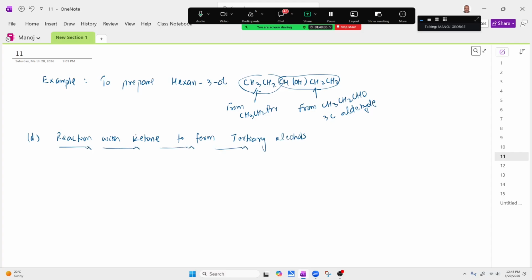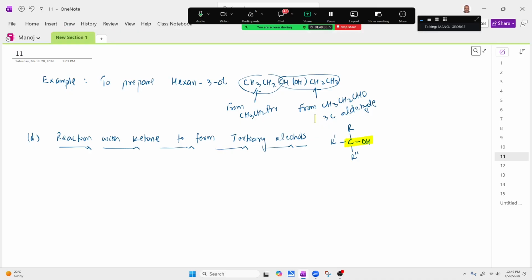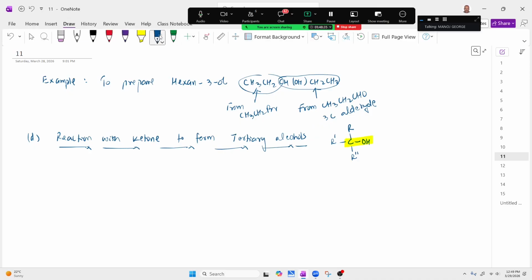Remember, how do we get tertiary alcohol? So this is carbon with OH. This is R, this is R dash, this is R double dash. I'm just assuming that R dash and R double dash are all different alkyl groups. I can put them same also, I can put them different also. But what is important is that the carbon which has the OH has got no hydrogen. So this is how we come to know this is the tertiary alcohol.